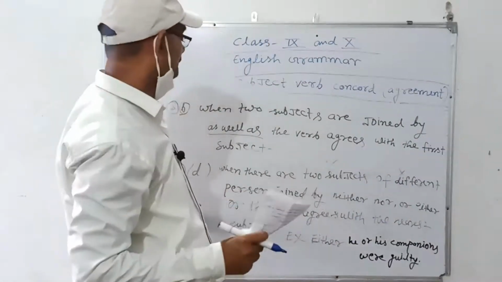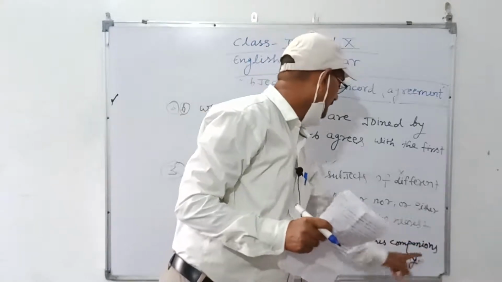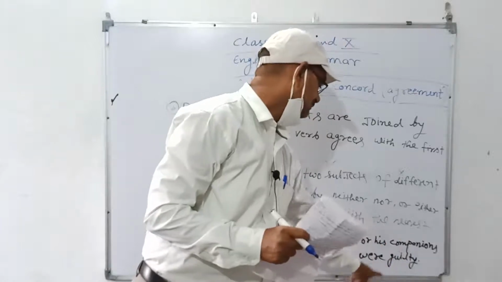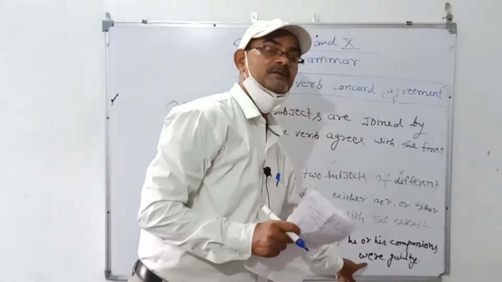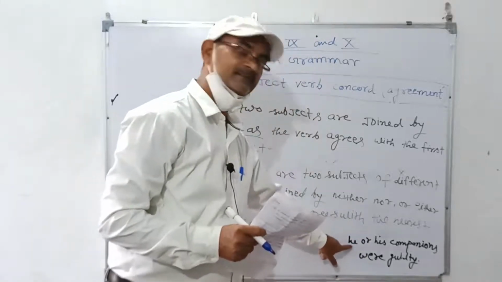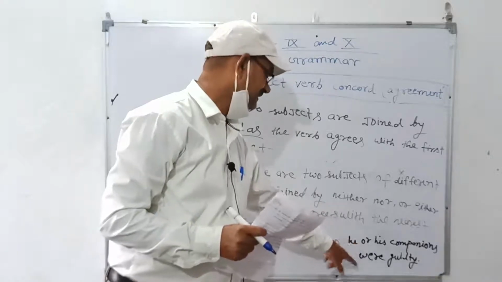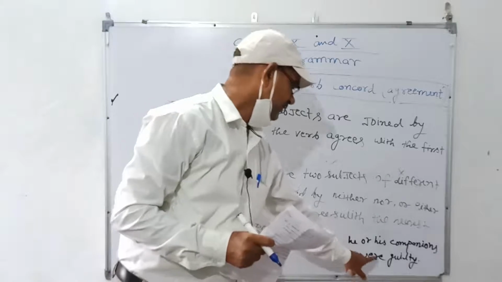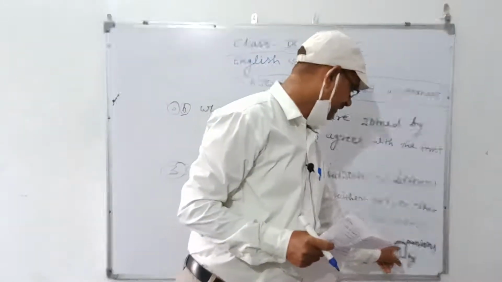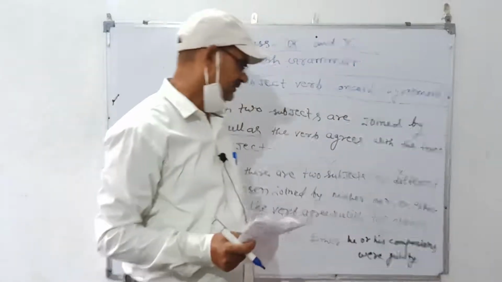In this rule, the later subject is his companions and the verb follows the later subject, so we use were. This rule doesn't follow he. If it followed the subject he, we would use was, but according to this rule, we follow the later subject, his companions.